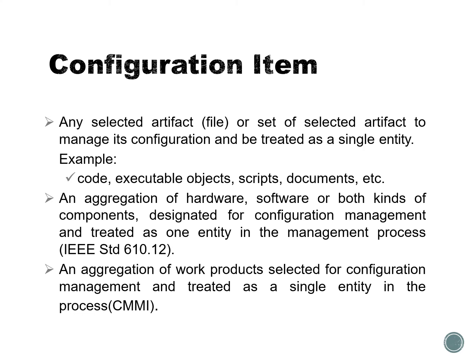It can be a script, it can be a document, an asset file, a graphics file, a 3D model, whatever it is, it's a configuration item. It's a part of your product.